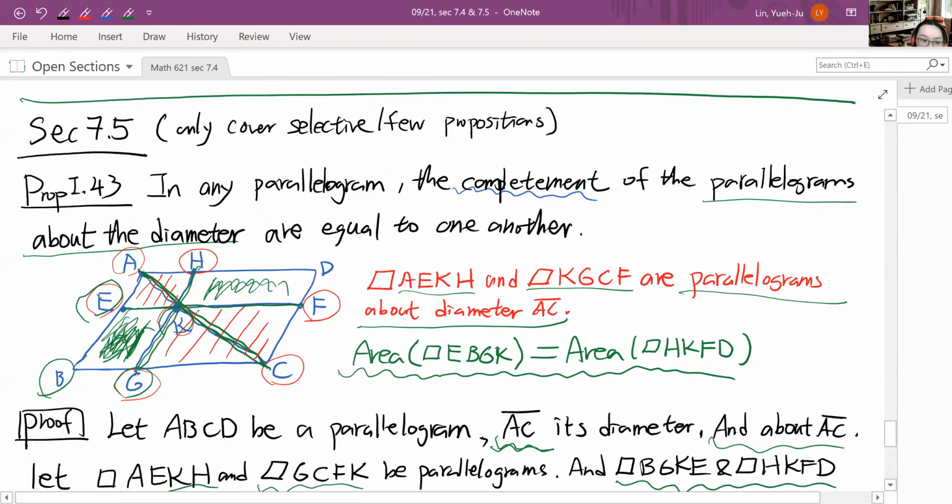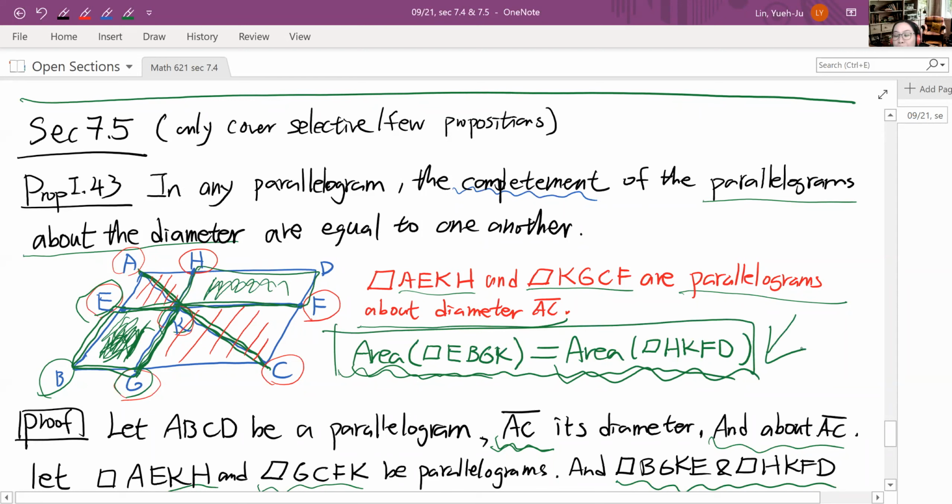Then you're going to have some areas like what you saw. What I want to prove is that the area of EKBG is the same as the area of HKDF. This is exactly what I want, showing that the complements are equal.